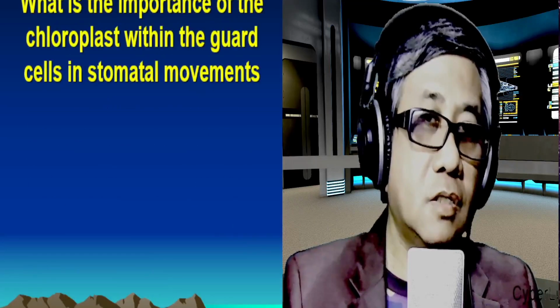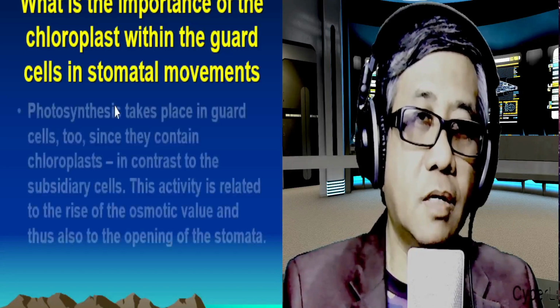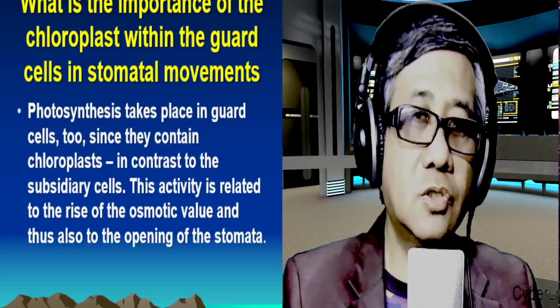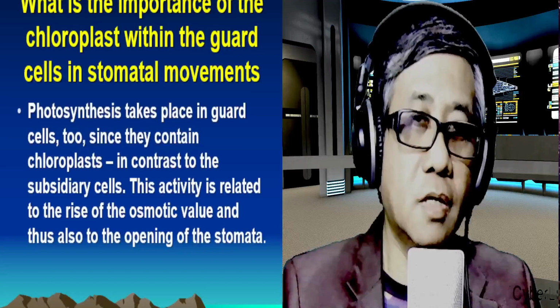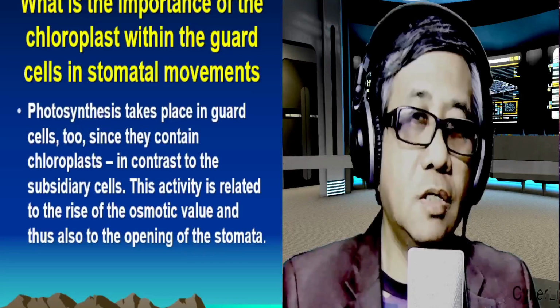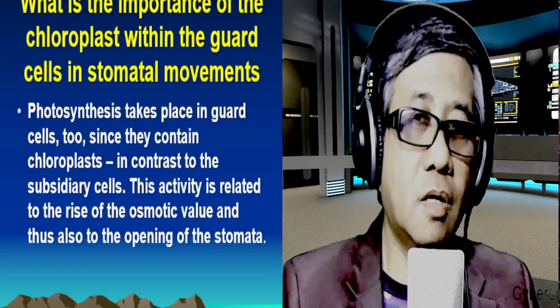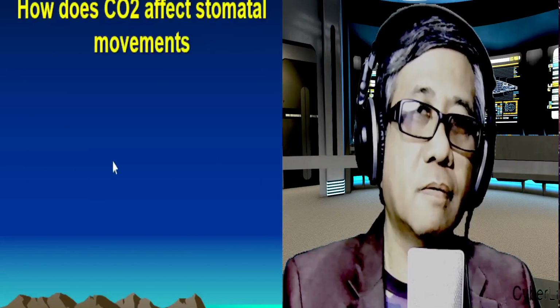Alright? And what is the importance of the chloroplast within the guard cells in the stomatal movements? Photosynthesis can also take place in the guard cells, since they contain chloroplasts. In contrast to the subsidiary cells, this activity is related to the rise of osmotic value, thus also the opening of the stomata.